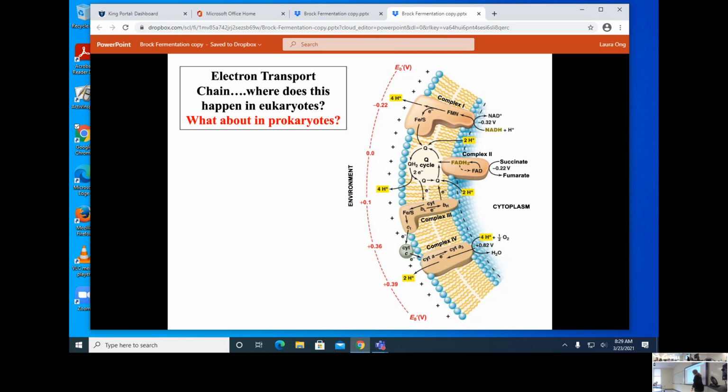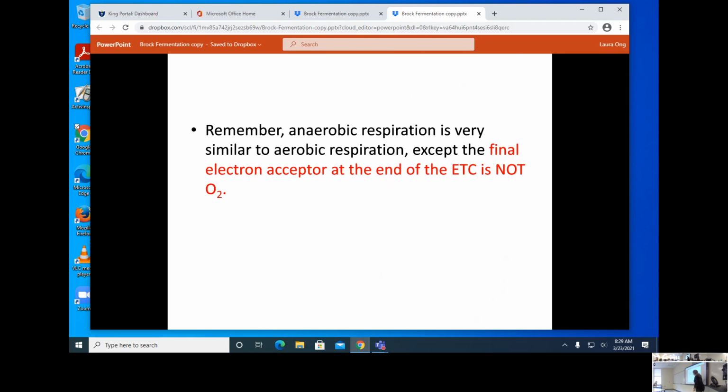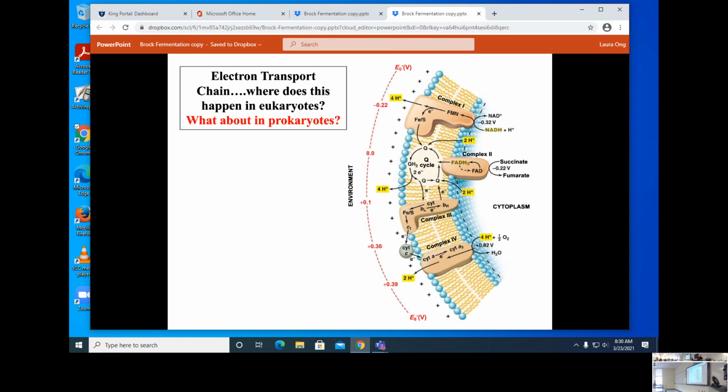So first off, this would be the plasma membrane of a prokaryote. And they're showing environment out here, that's outside the cell, that's extracellular. So if you got this picture, you could write extracellular out here. And then here is cytoplasm.